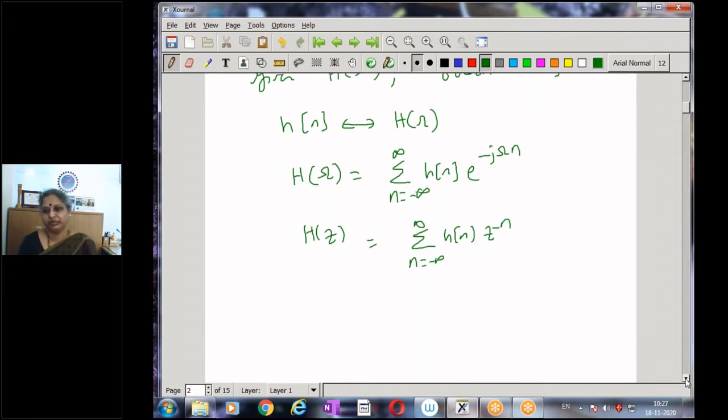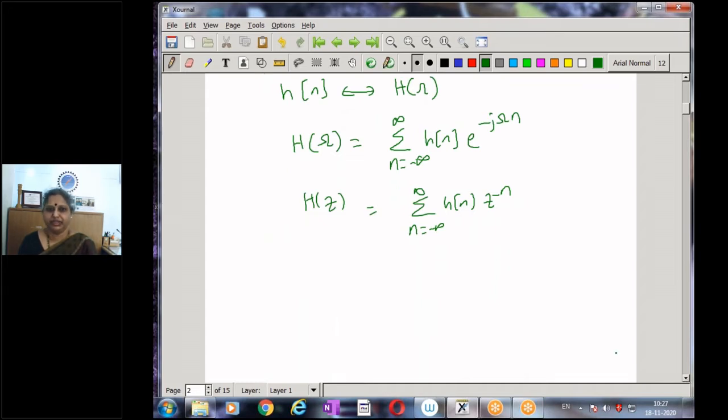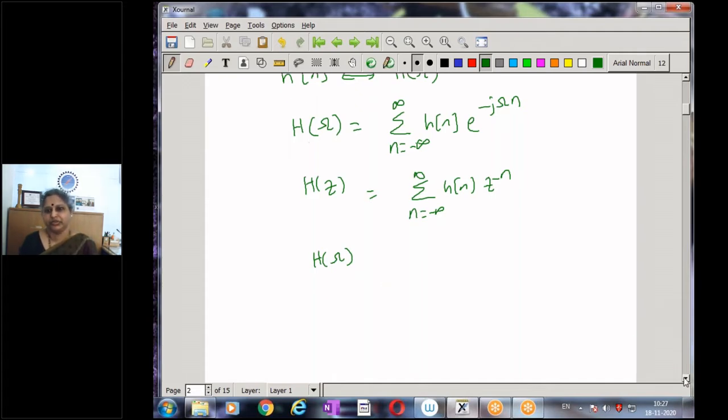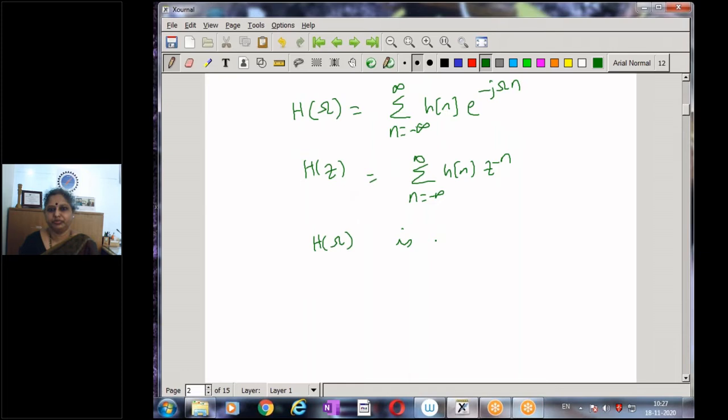There is one more significant property that we are all aware of: H of omega, the frequency domain representation of any discrete time sequence, is periodic, and has a period of 2 pi.